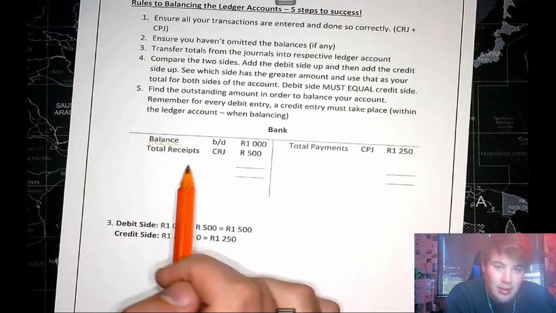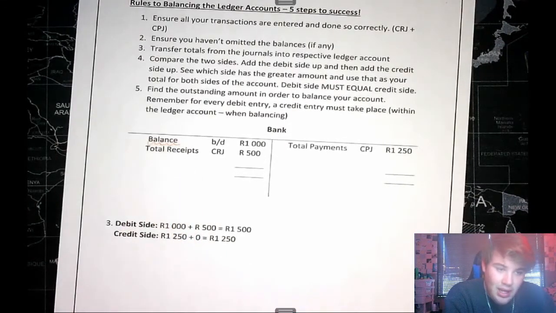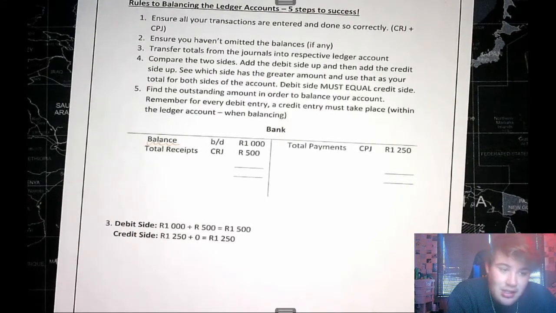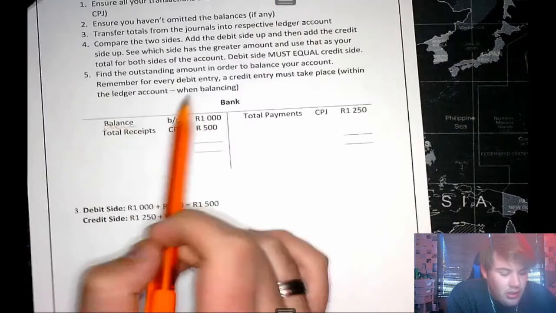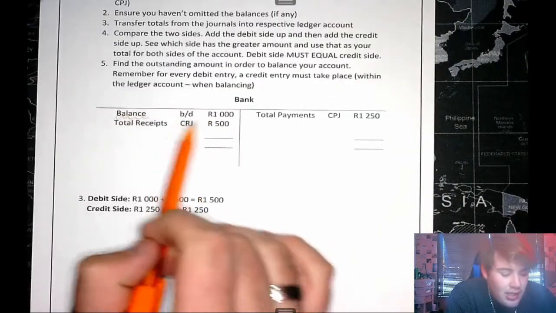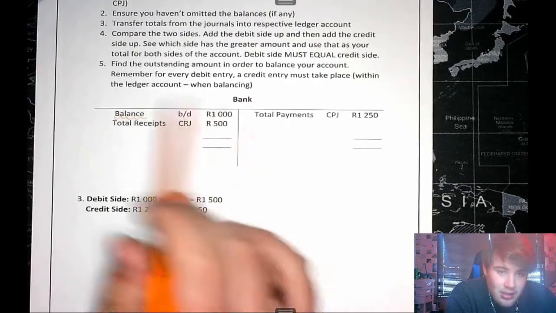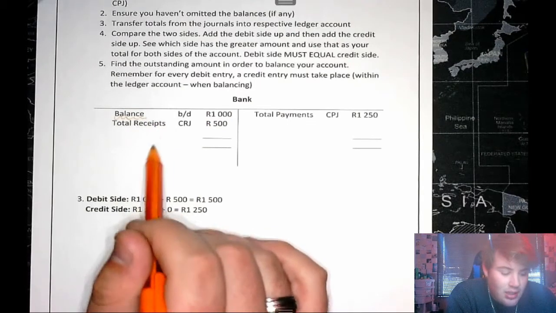This is how many receipts we have issued, because a customer gets a receipt and so do we. It comes from the CRJ, and because it's income, it increases our bank account, so it appears on the debit side.